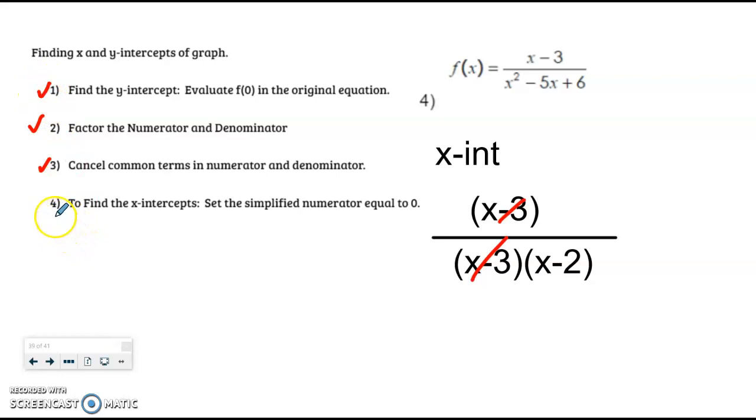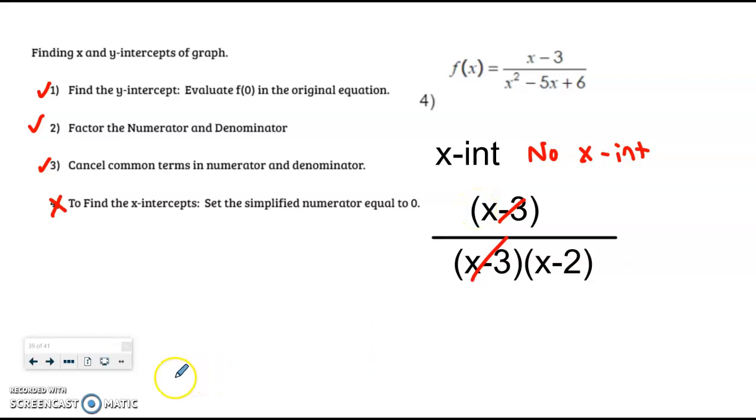Is there anything else in the numerator? There is nothing. So in this case, there will be no x-intercept. There is a point of discontinuity, and that's going to be at x equals 3, but there is no x-intercept in this case.